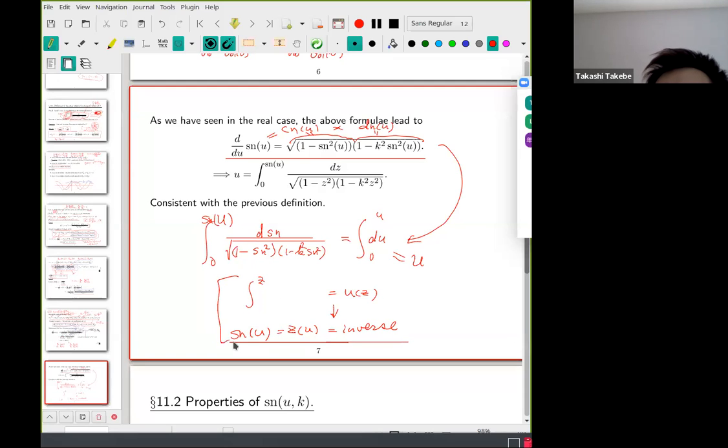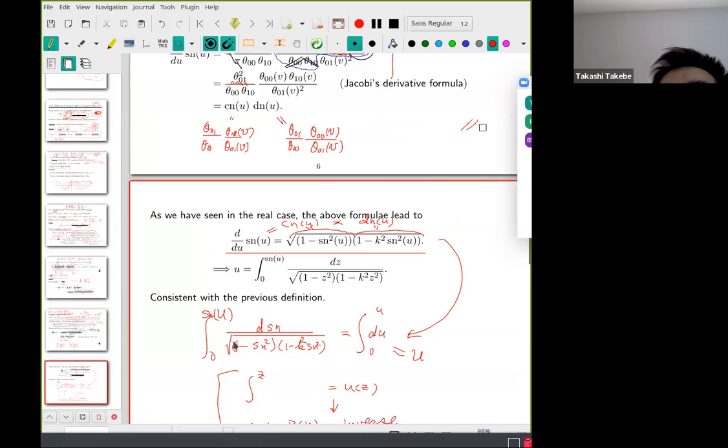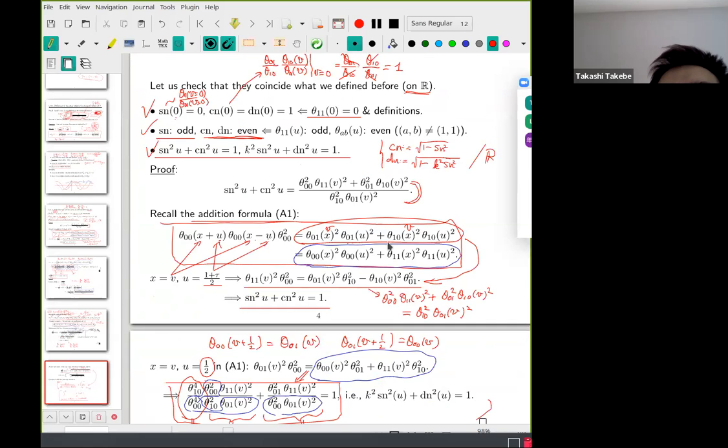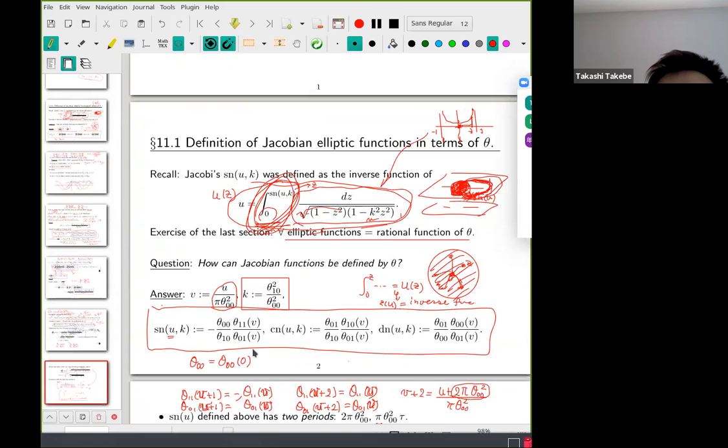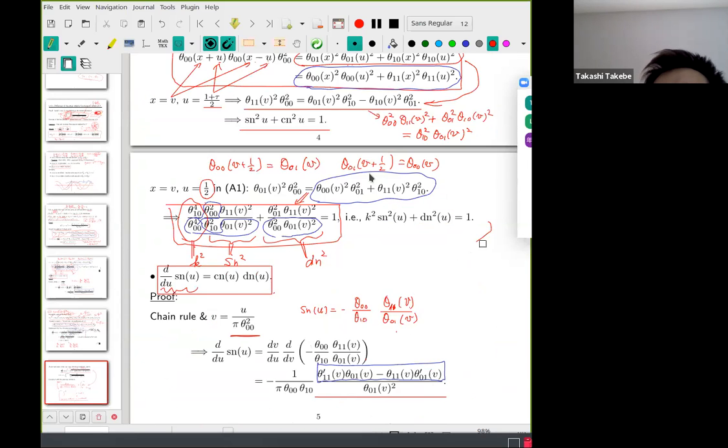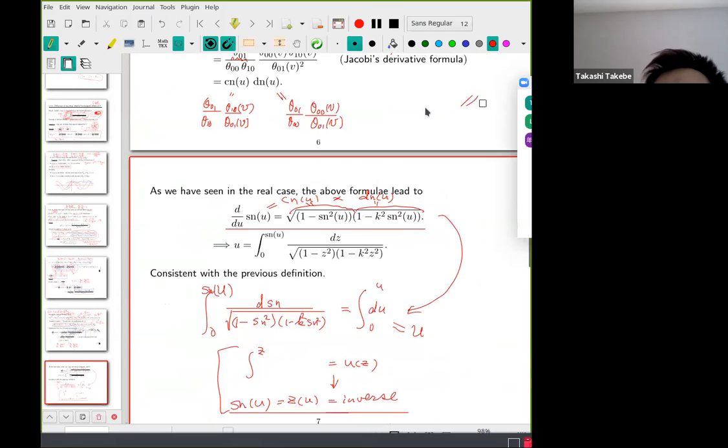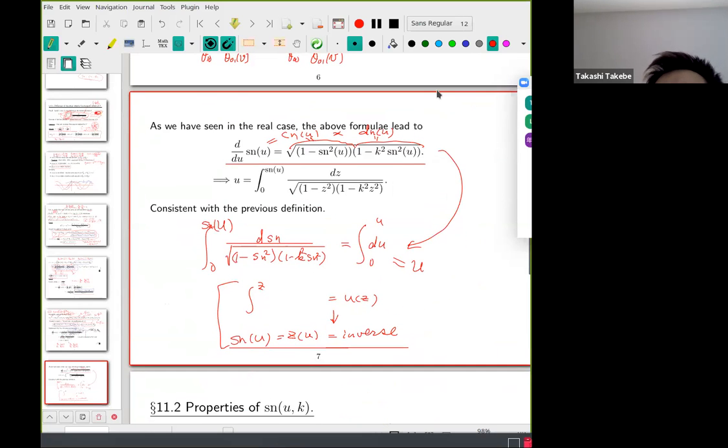This was what we did at first in January or February. On the other hand, today we defined Sn by this formula as a ratio of thetas. So we have to match those definitions.